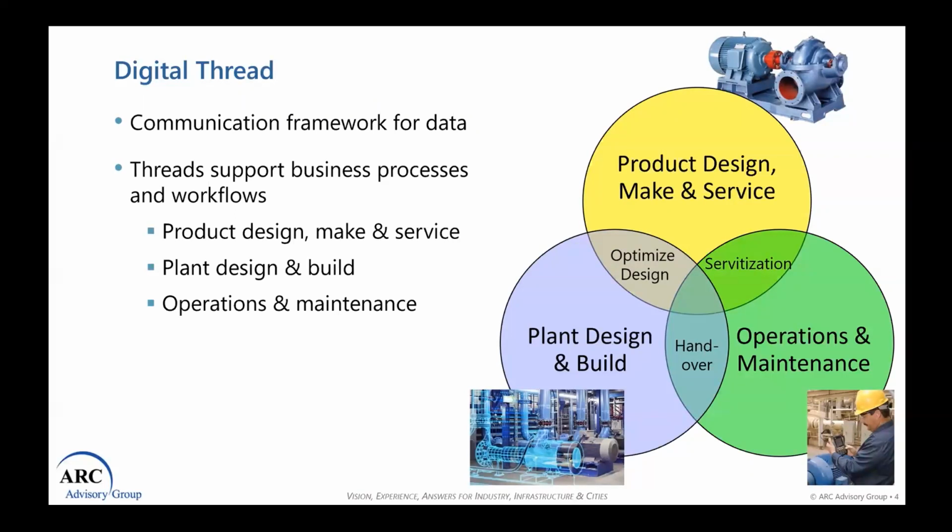So the suppliers of the equipment that goes in the plant can help optimize the design by having a digital thread that goes from product design through to plant design and build.